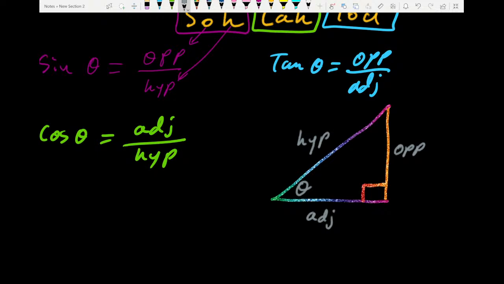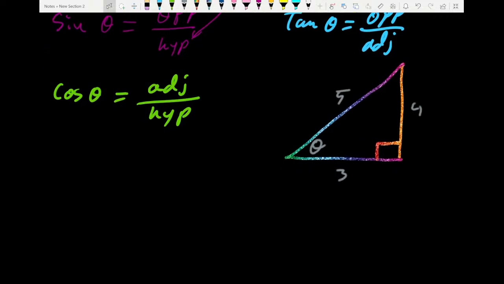So let's say I change this and I make it 3, 4, 5. And I want to know what is sine of theta, cosine of theta, and tangent of theta.